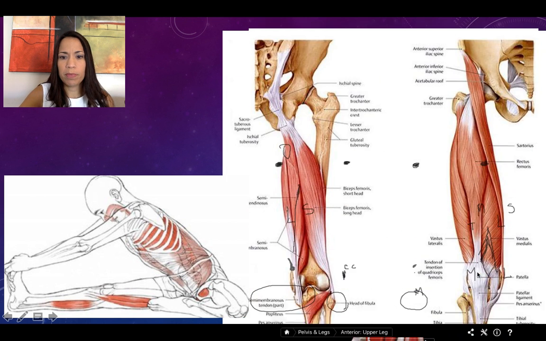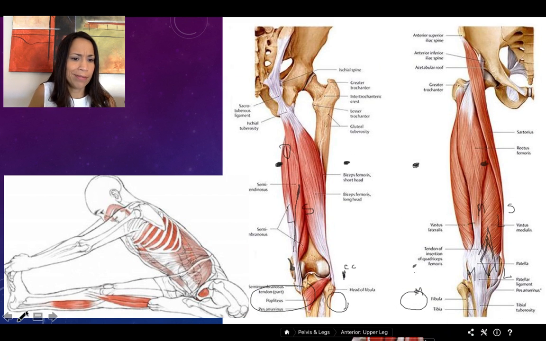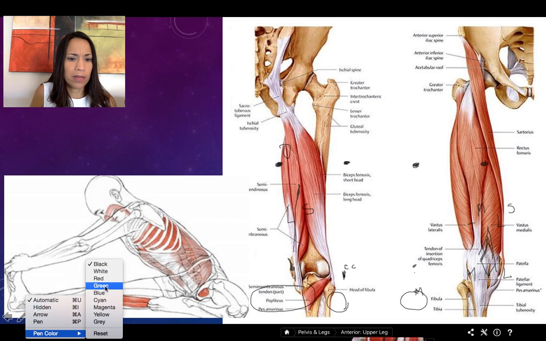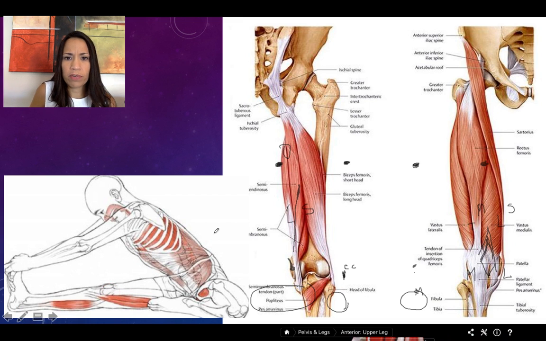What else? Well, let me show you in here. Again, same, but I'd like to give you several points of view. So common origin right here in the ischial tuberosity, and this is lateral, so this is the biceps femoris. Look at the long head. The short one is right here, that little one.